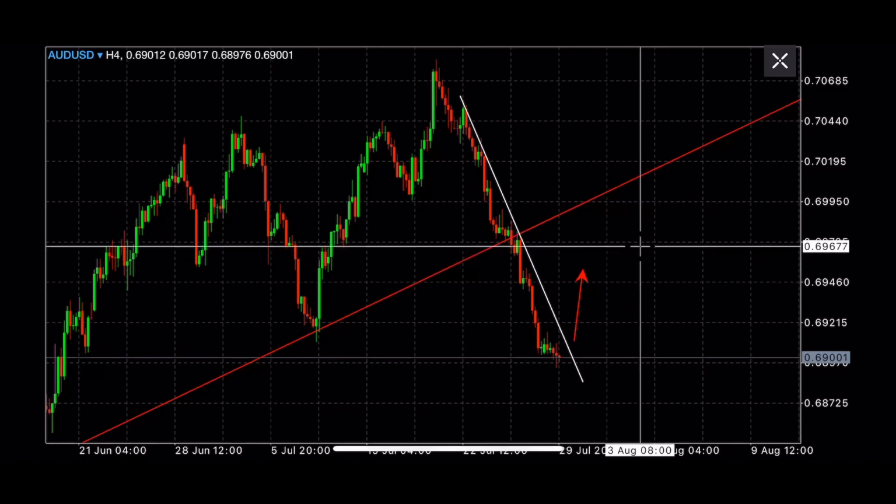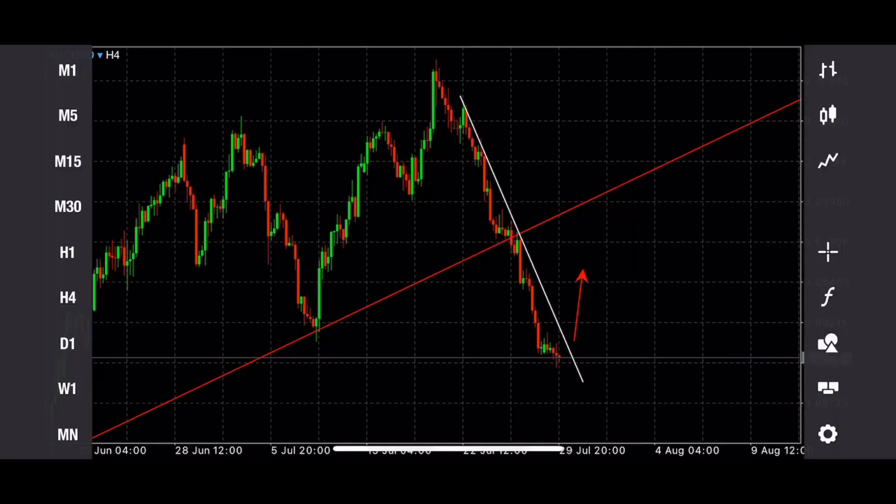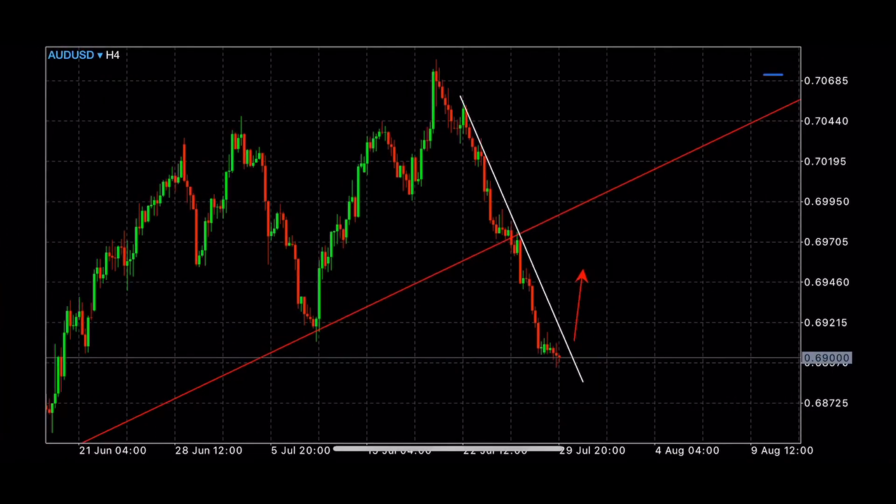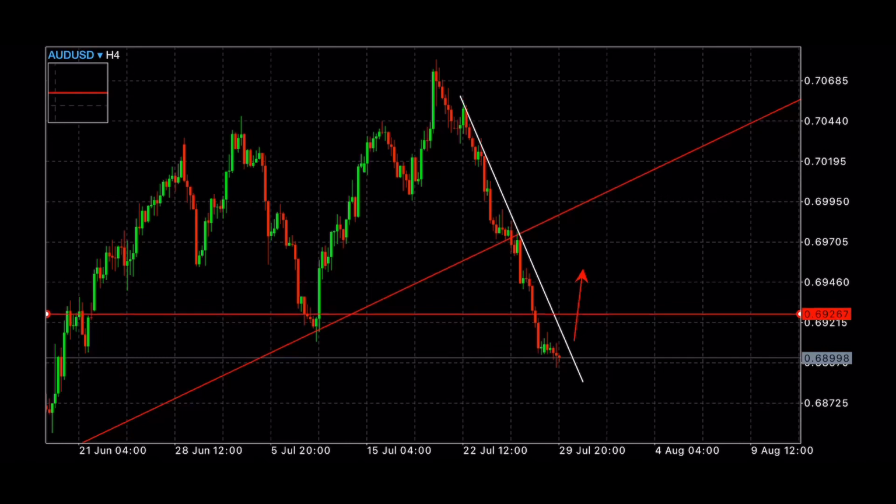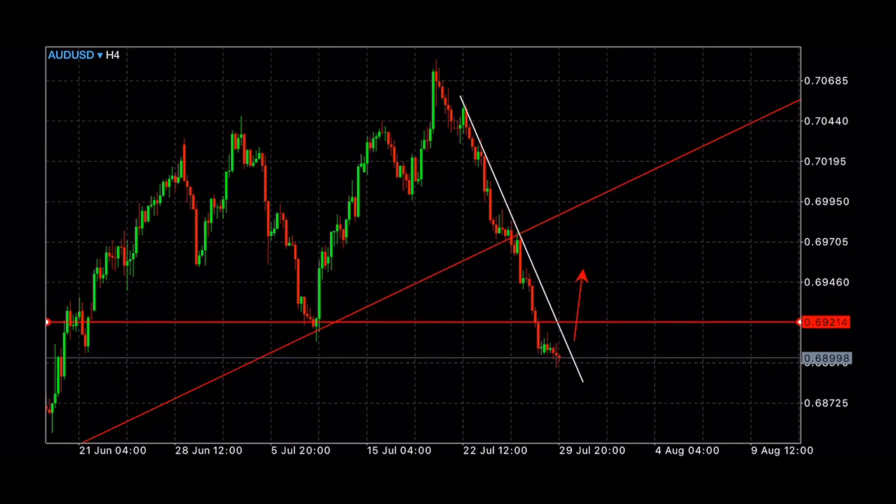So for this one, we are going to put a buy stop order at this area here, which is 0.69214.